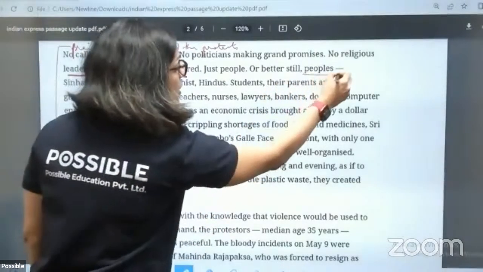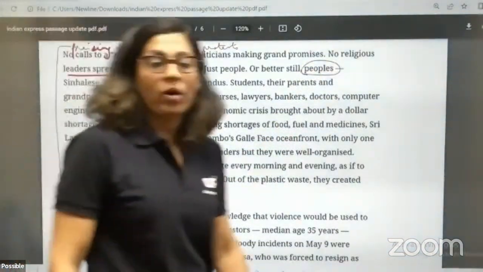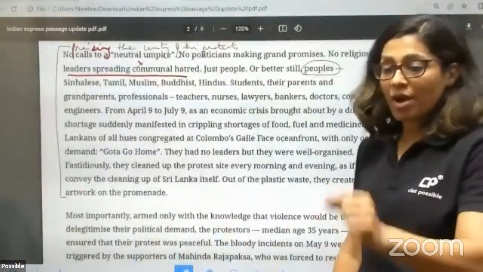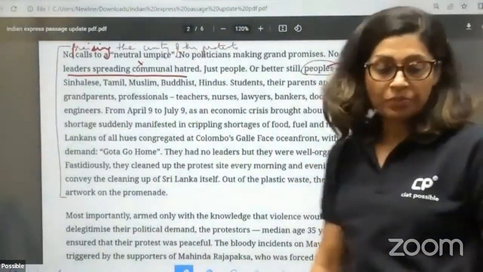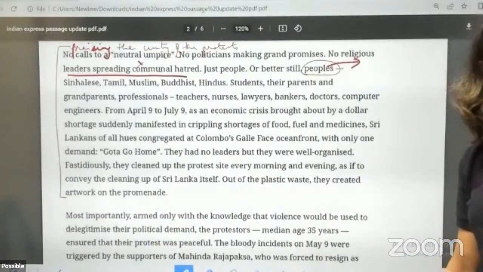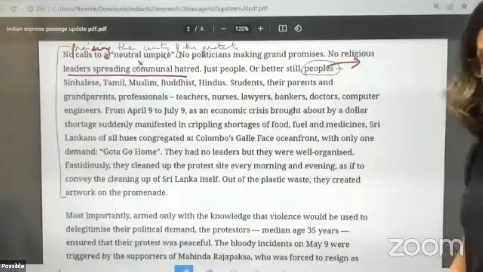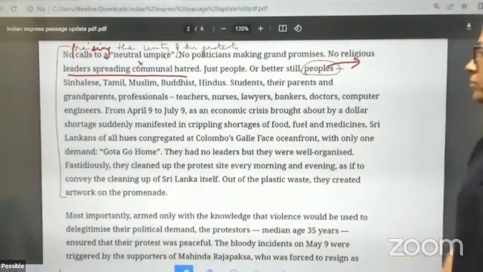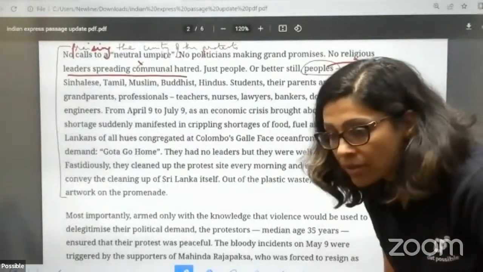What is the significance of the word peoples over here? Who can tell me? Now, short questions which you have to notice. Yes, so I'm getting answers.